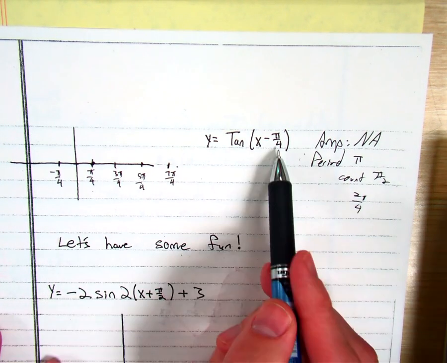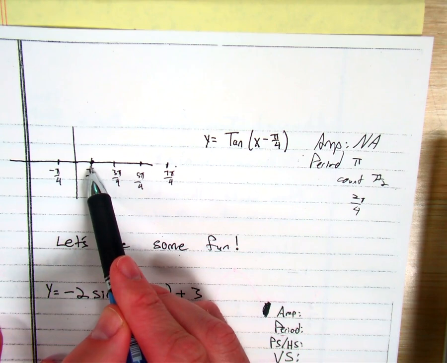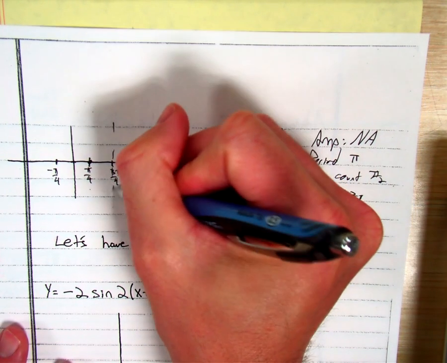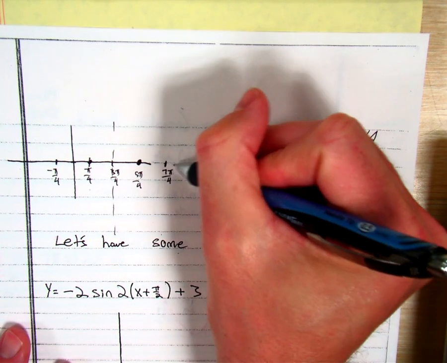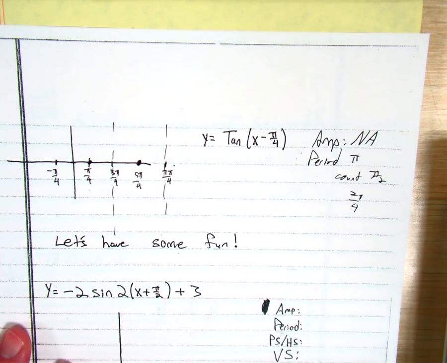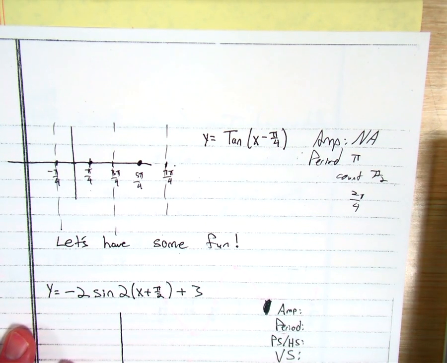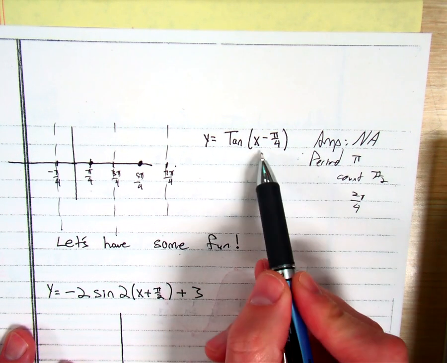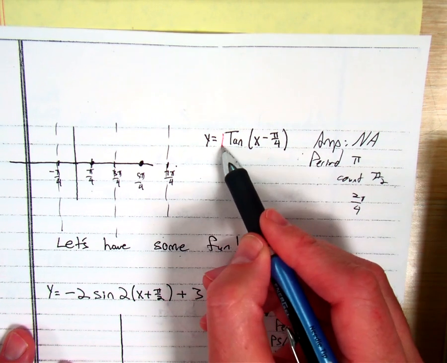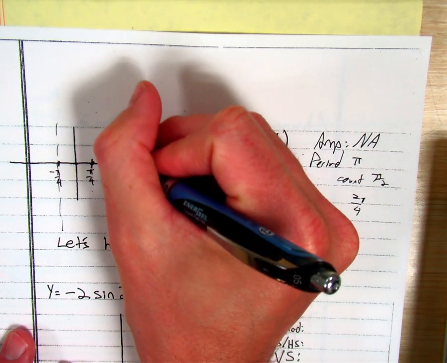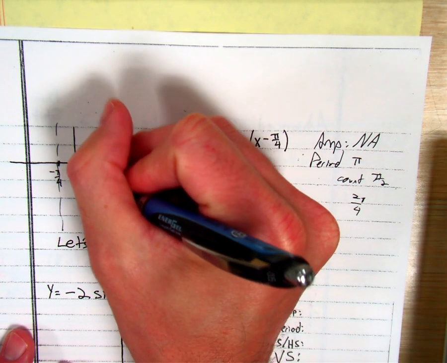Okay, so we said we're going pi over 4 to the right, so that's going to be our 0 dot. Next one's an asymptote, then we'll have a 0 dot, and then we'll have an asymptote. Asymptote over here. Halfway, we should be up 1, and halfway down 1.